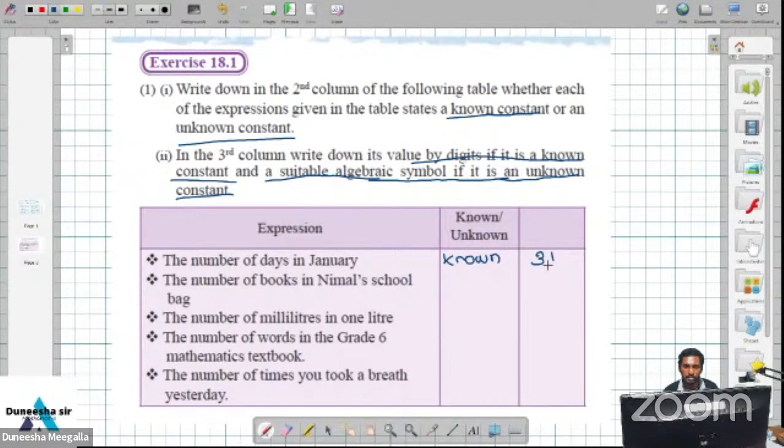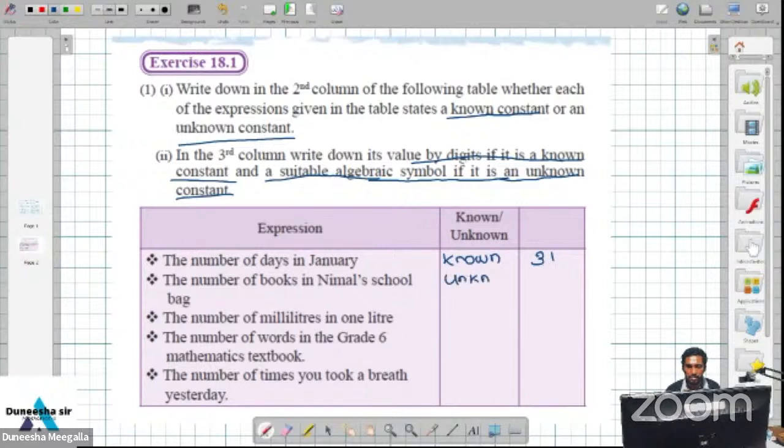Number of books in Nimal's school bag. Do you know? නිමල් කියලා කෙනෙක් ඔයාලා දන්නවද? No. Then it's what type of constant? Unknown constant.